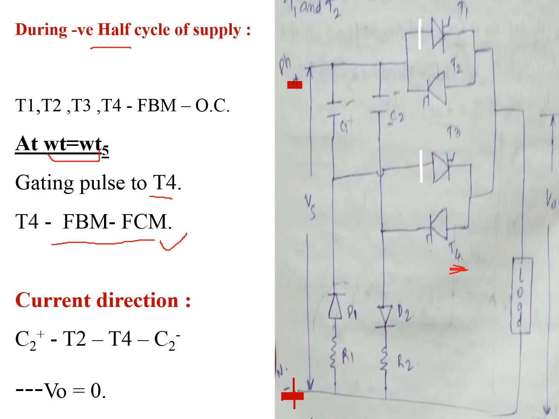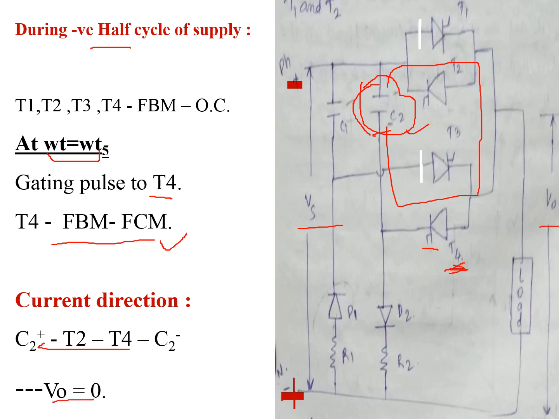This thyristor T4 is connected to C2, and C2 has some voltage across it. So due to the conduction of thyristor T4, C2 starts discharging from positive to negative in the direction C2 plus, T2, T4 and C2 minus, and there is no path for current from source to load, that is, V0 is equal to 0.